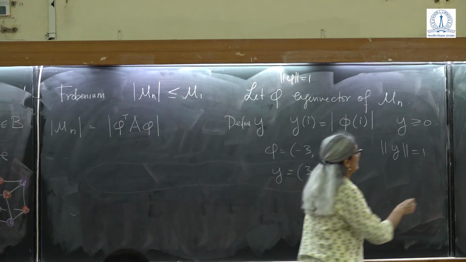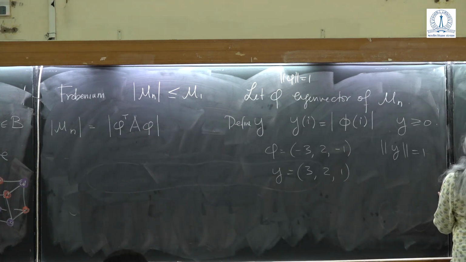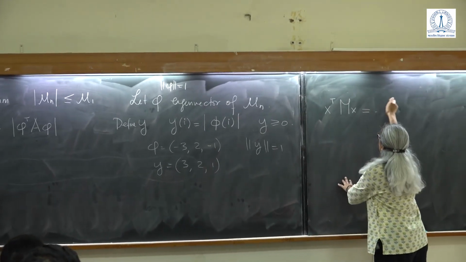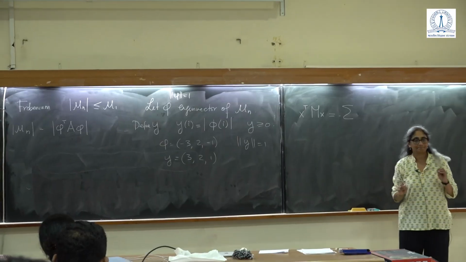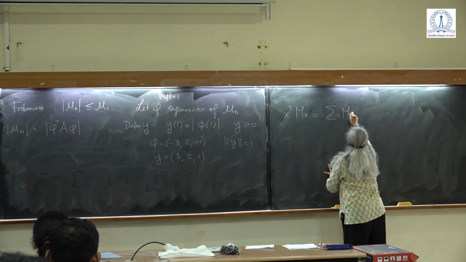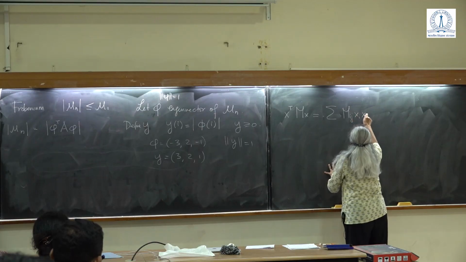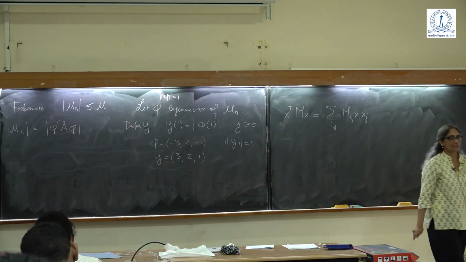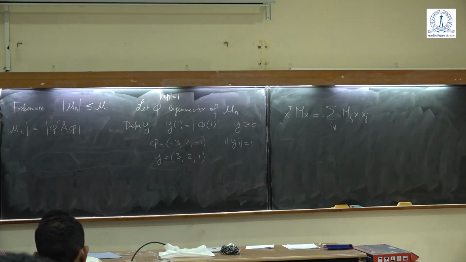If you have x transpose times some matrix M times x, do you know how to write this as a big sum? Yes, exactly: the sum of m_ij x_i x_j over all i and j. If you don't know this, you can check it at home. It's very helpful.